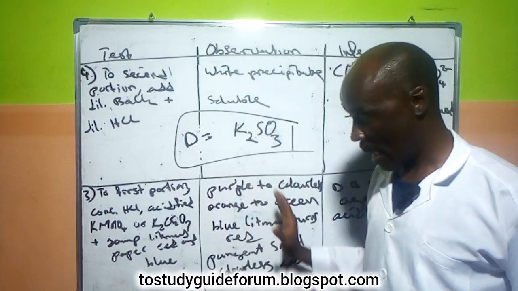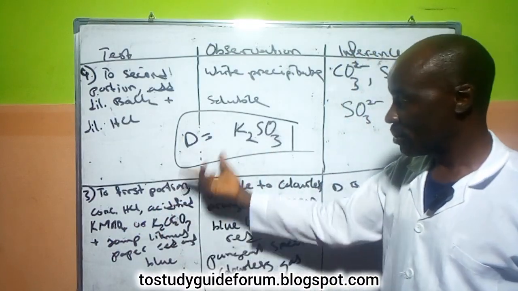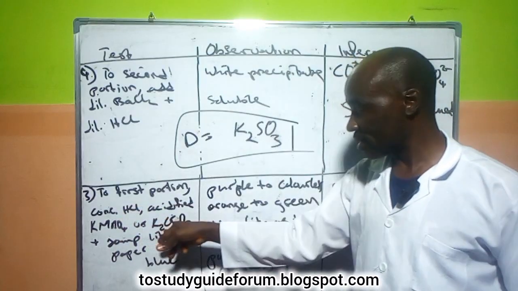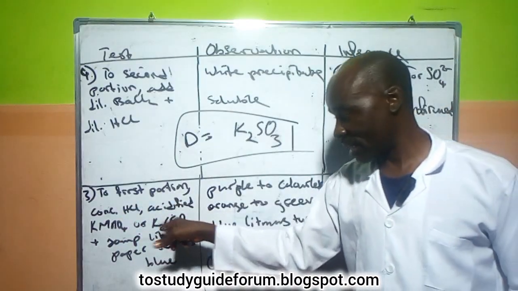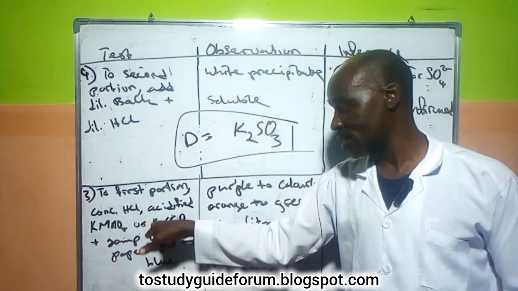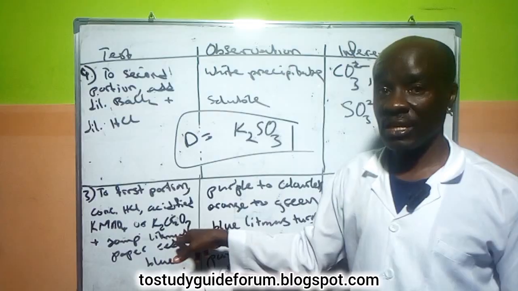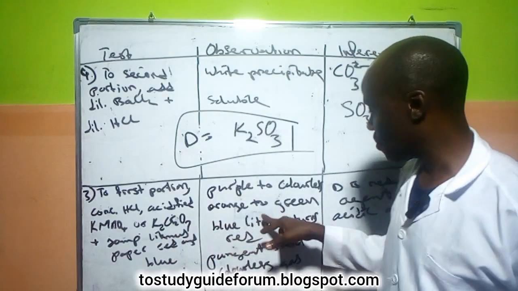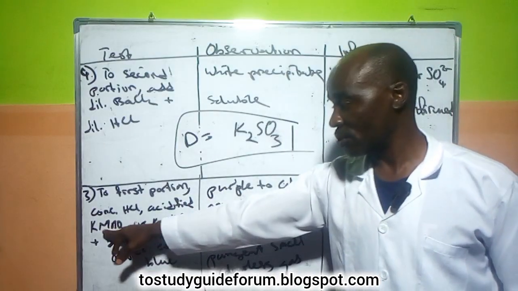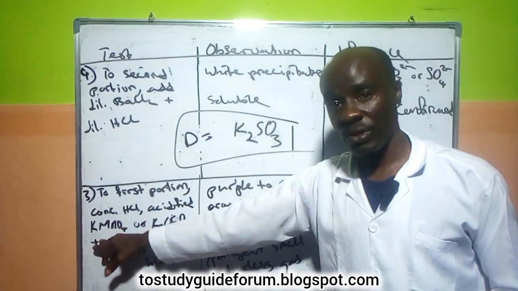What I did in the lab is that I put the salt, added tetraoxosulfate(VI) acid, then acidified this. I did not use this one, but I know once I got this one, I forgot about this, because I know that since this one is an oxidizing agent, I saw that the color changed from orange to green. I said, it's okay, there's no need going down to this one again, because if it's like this here, it must also be colorless with this.